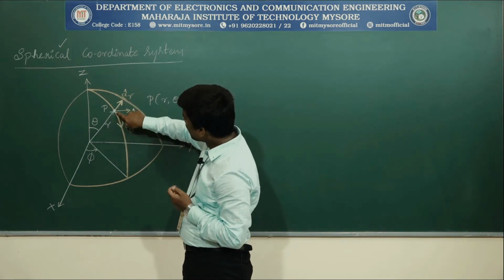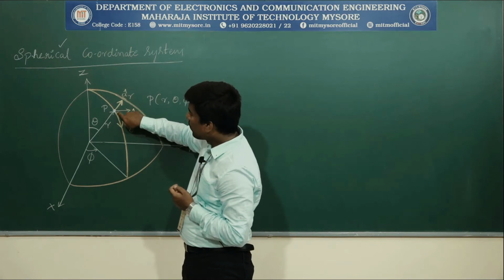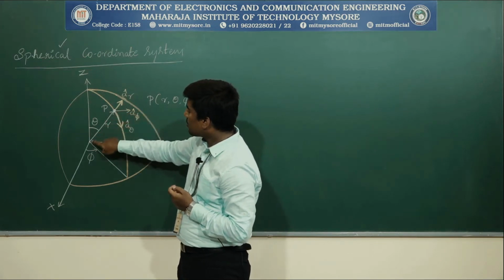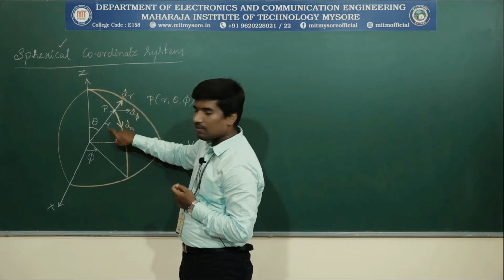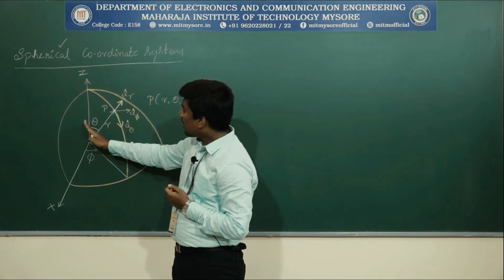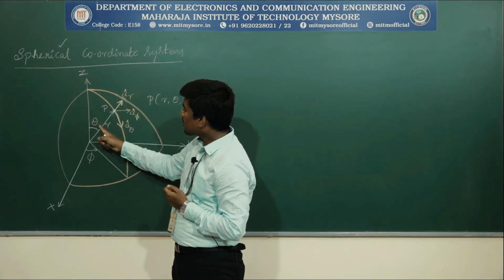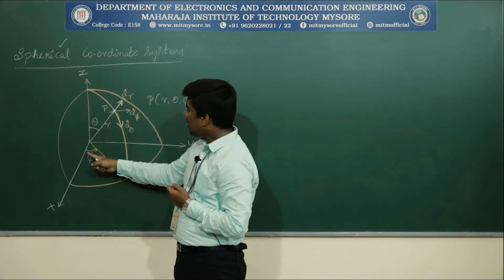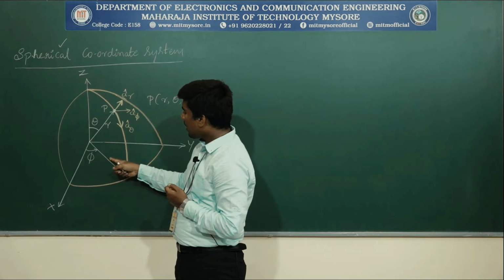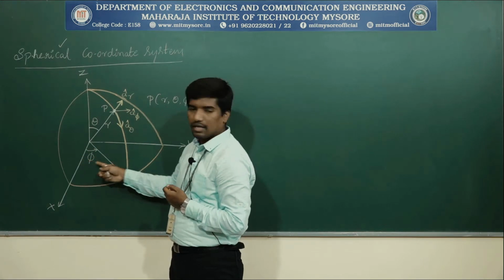Consider a point P on a sphere which is at a radial distance of r from the origin, at a zenith angle theta from the z-axis, and at an azimuth angle phi from the x-axis.